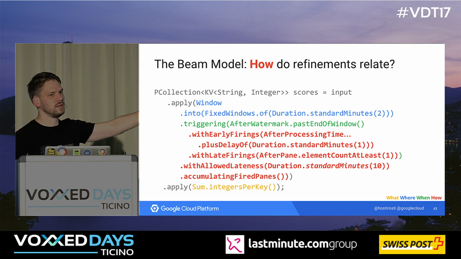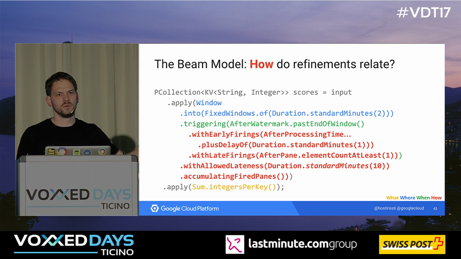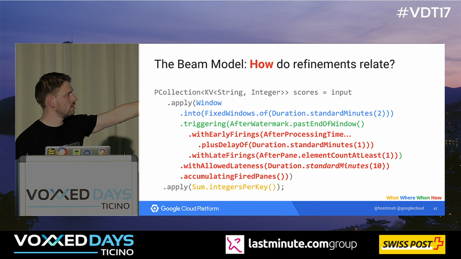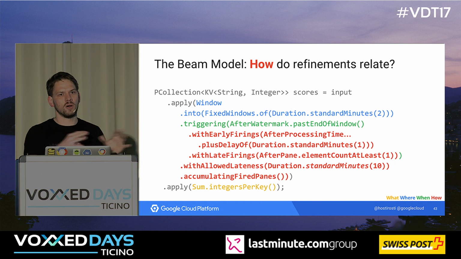Now you can define that maybe you don't want to emit a new result every time an element comes in, so you can say I only aggregate again after each 5 results, or you give a certain amount of time. And then we have to define the stop boundary, because we don't want to keep our windows open forever, or at some point we would run out of memory in our streaming pipeline.